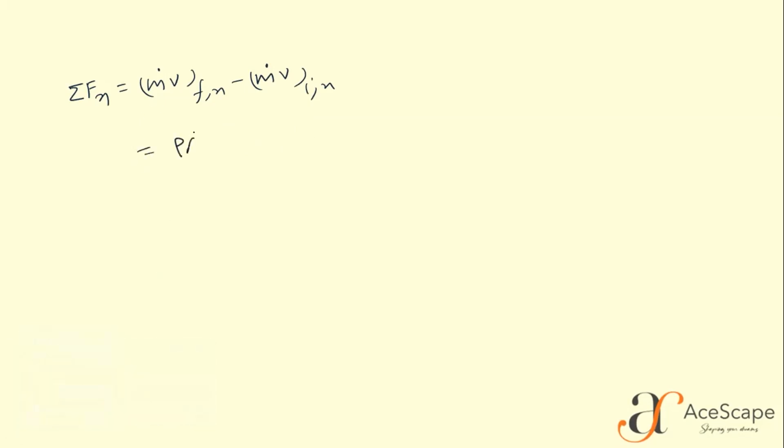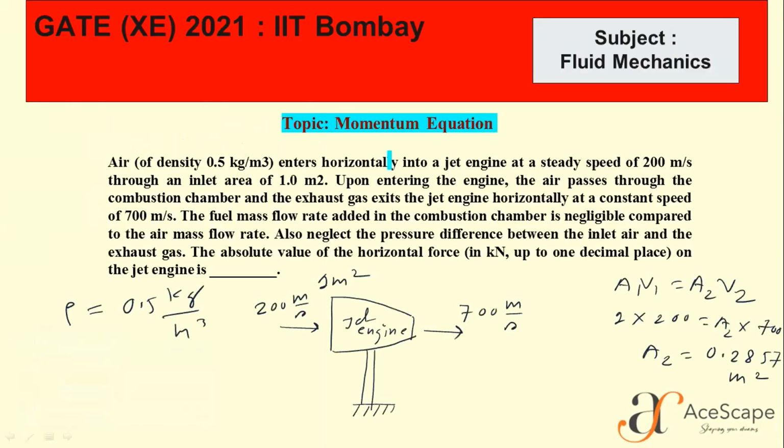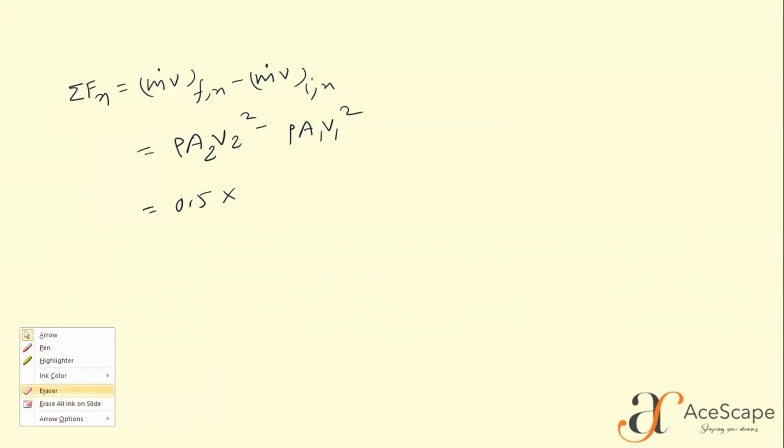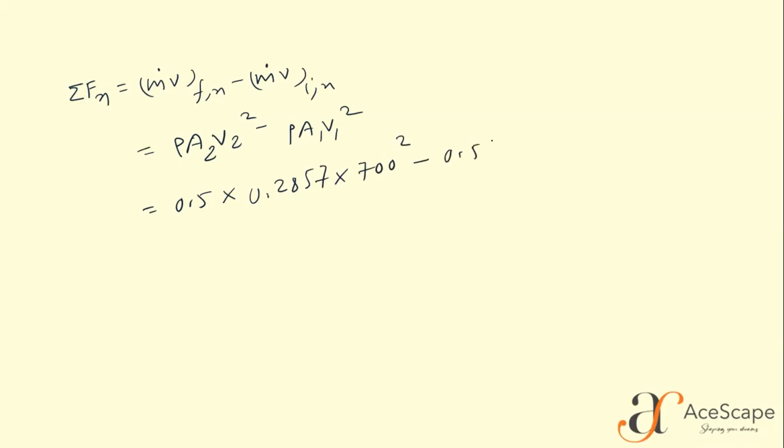This is rho A2 V2 square minus rho A1 V1 square. Density is given 0.5, area what I got A2 is 0.2857. Velocity is 700 square minus 0.5, A1 is given 1, V is 200 square.